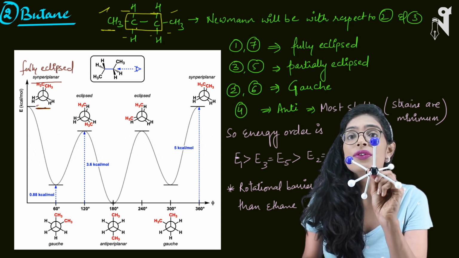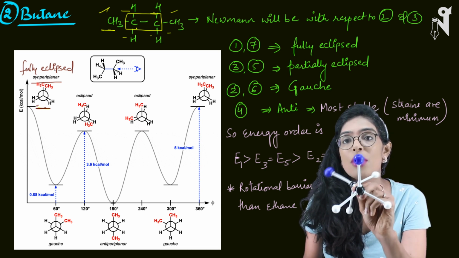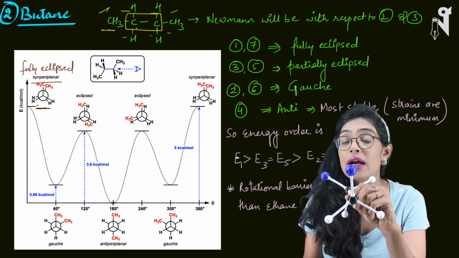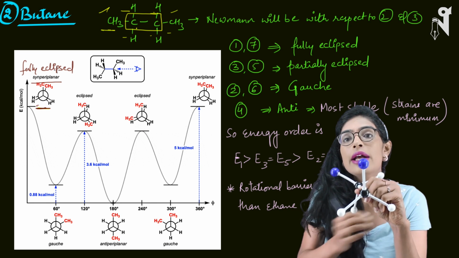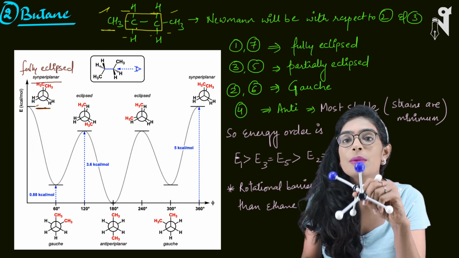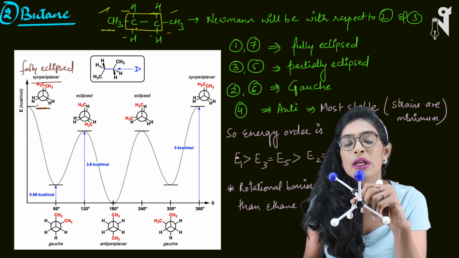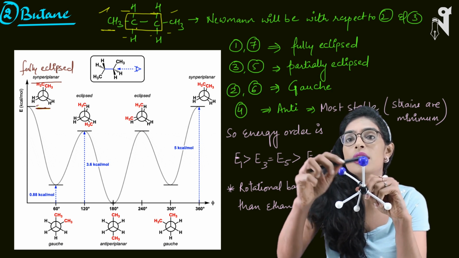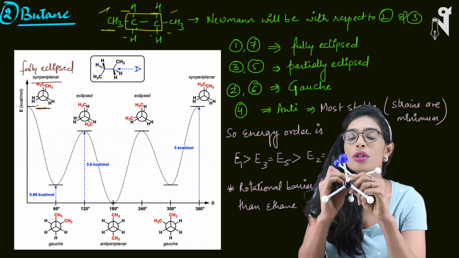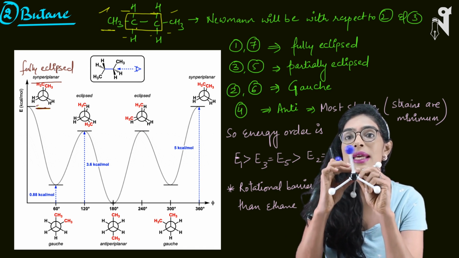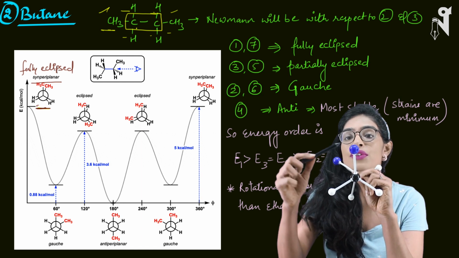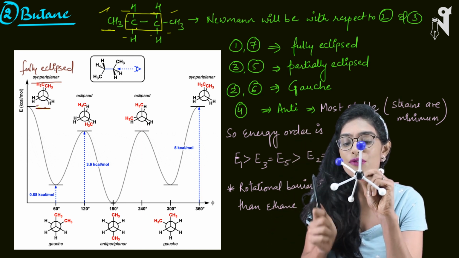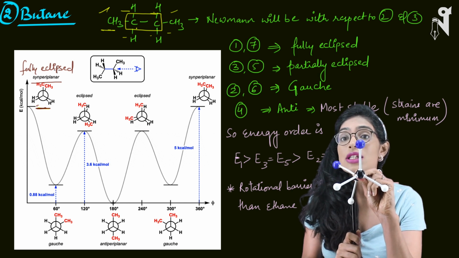This kind of conformation in ethane was called what? Staggered. In ethane, this kind of representation was called staggered, but we have a different name here, where CH3 and CH3 are not completely opposite to each other. In staggered, the same groups should be completely opposite each other. So here is my CH3, and I expected in a staggered form the CH3 to be here, but that's not the case.